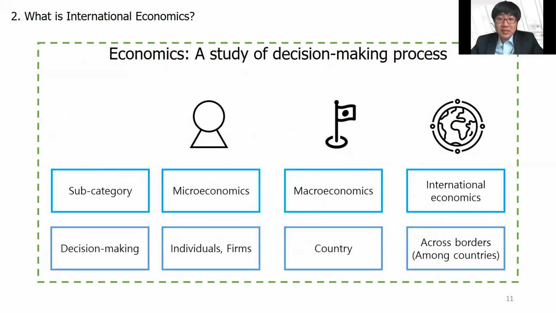So I drew this diagram to explain international economics. Well, if you have taken the course of economics, maybe you are familiar with the definition of economics.